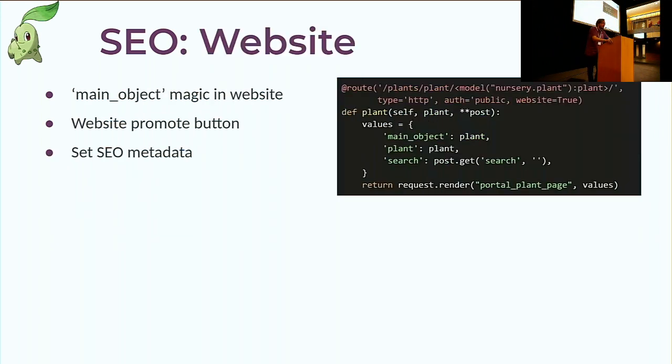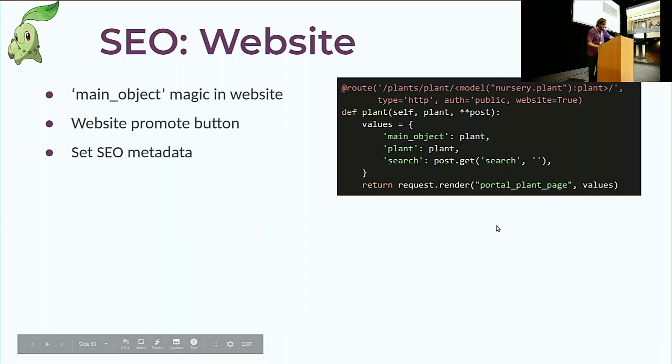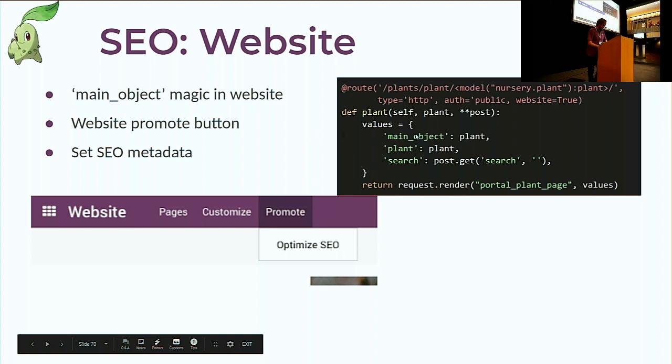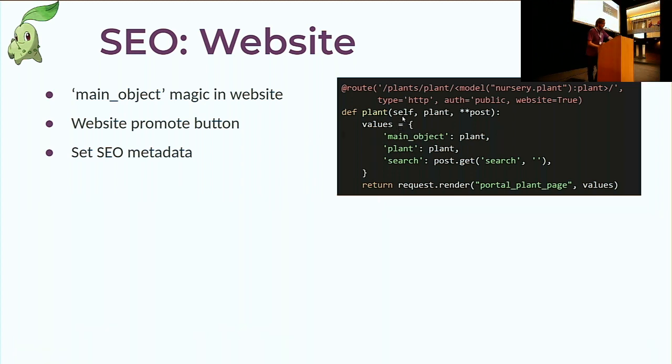The small magic trick to know is that when rendering the page of a document, you have to tell what the main object is. So the small key, main object, which in our case is the plant, will activate the SEO feature within the website. I will show you.